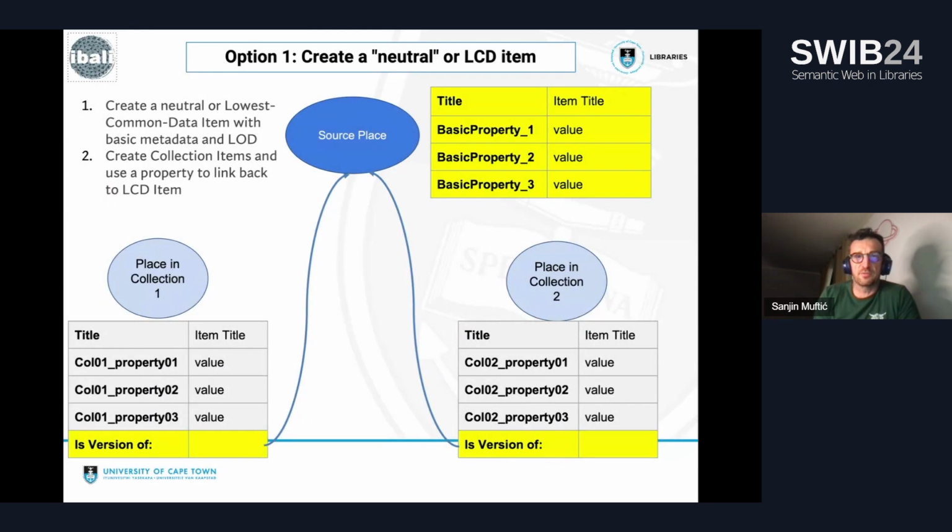Is it a case of, option 1, creating a very neutral, lowest common data item on the platform, and then allowing every different site to create their own description of it, and just using, for example, "is version of" as a metadata field to link back to that neutral item? In this way, it allows people to see the interconnections between the sites.